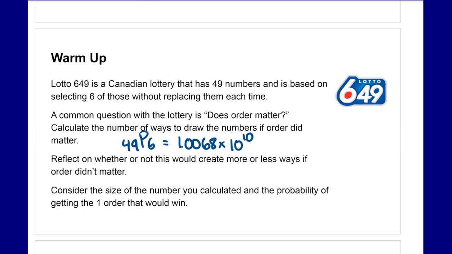So a very incredibly large number of possible arrangements. So now think about it. Would having the order matter create more or less ways? Basically more or less ways to win.